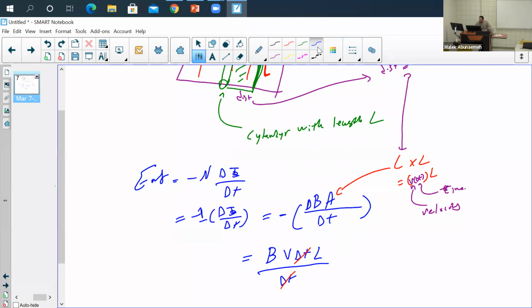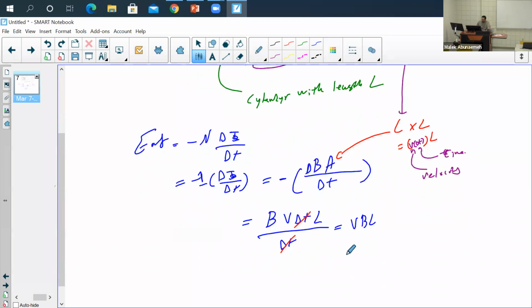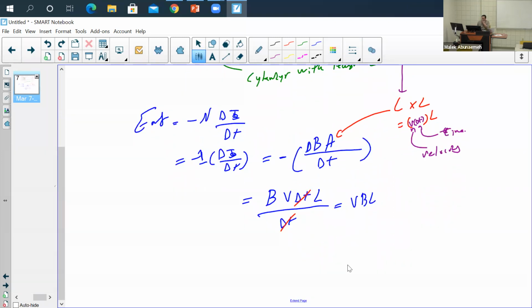Again, your delta t is going to cancel out. So your electromagnetic force is going to equal to your vBL: your velocity multiplied by the magnetic field multiplied by the length of that rod.